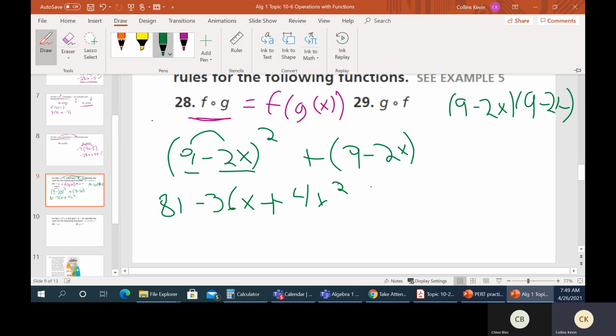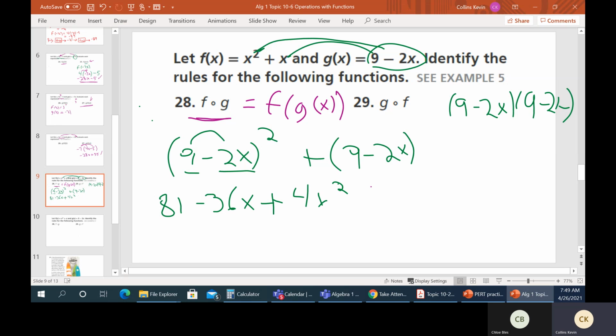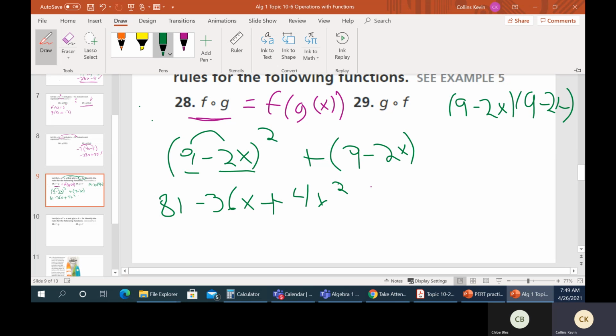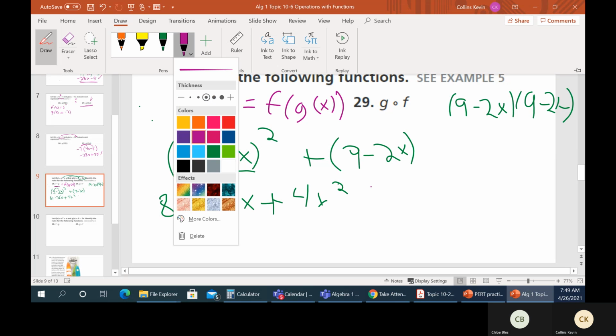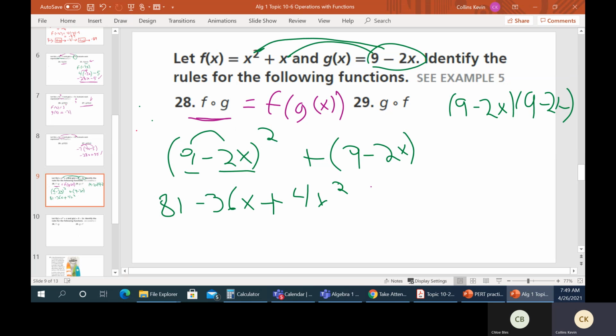And then we still have to add. Let's look at it over here. If we multiplied these guys together, just do it in FOIL. If you do negative 2x times 9, you get minus 18x.